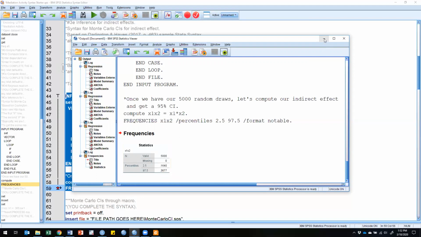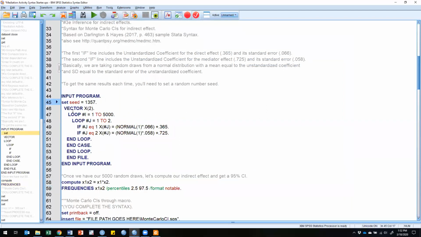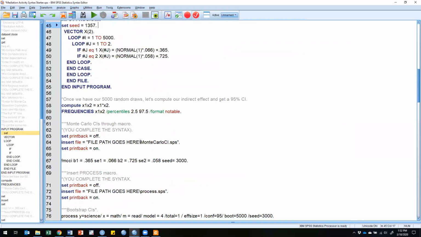If you don't feel as comfortable messing around with editing this syntax, I've created a macro that you can use for this. We just need to enter our file path for the macro.